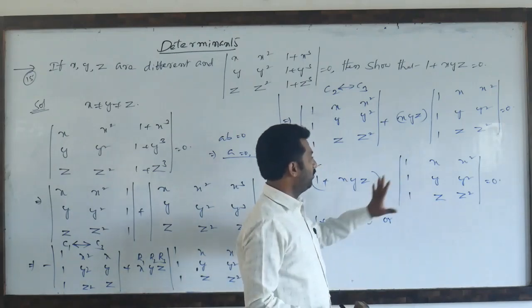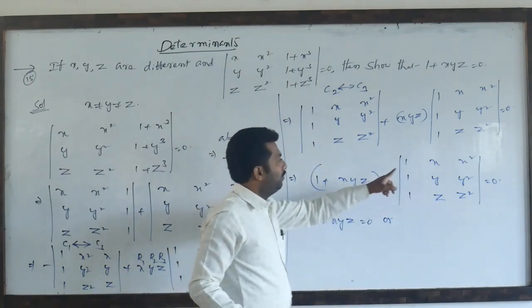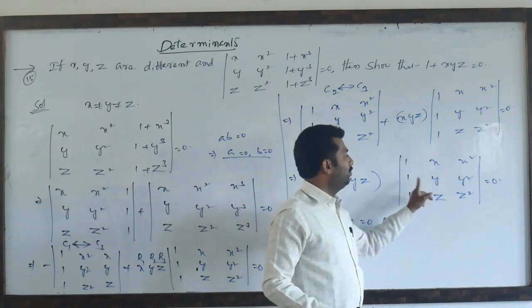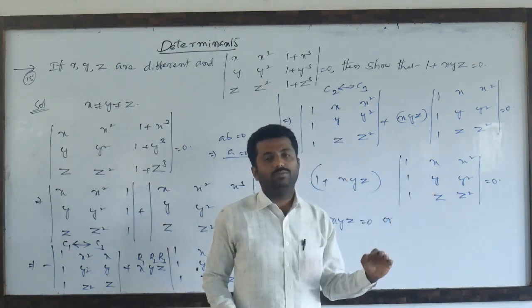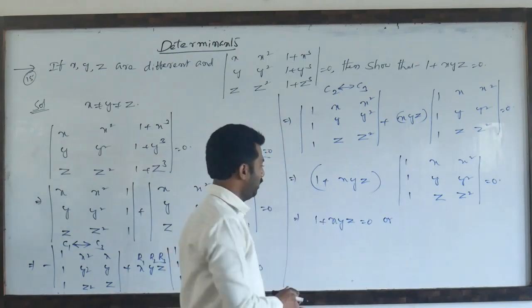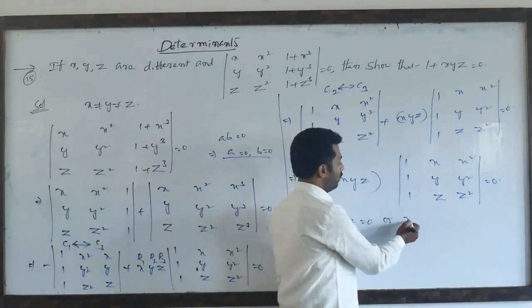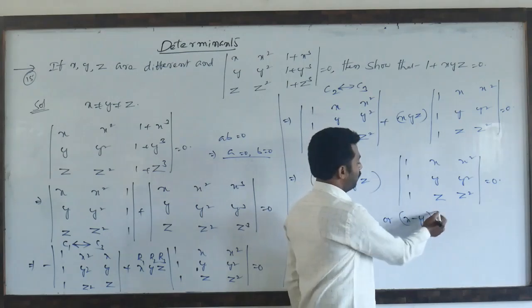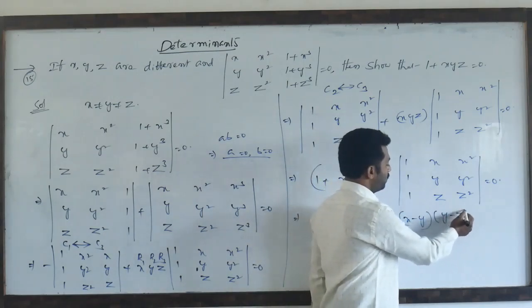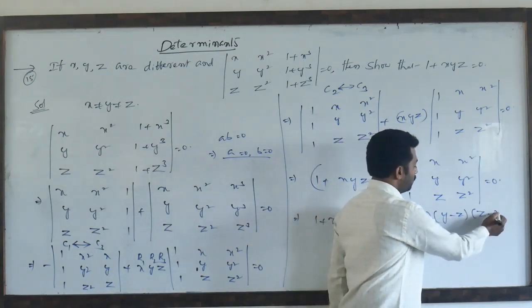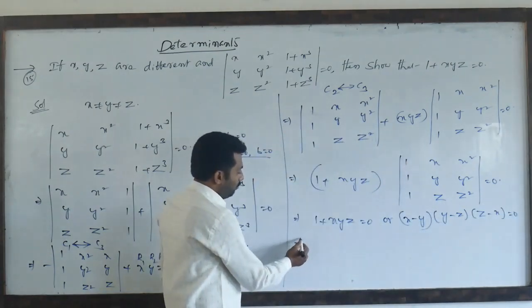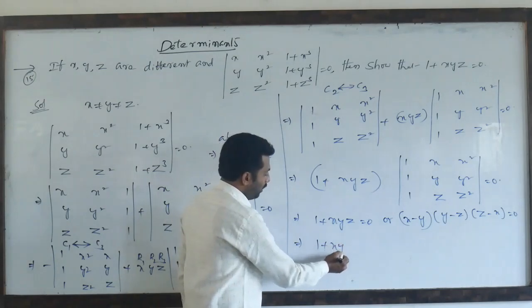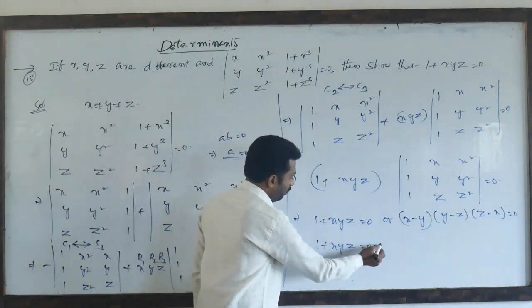Already I told, the determinant of 1, a, a square; 1, b, b square; 1, c, c square is nothing but (a minus b) into (b minus c) into (c minus a). Last class also we solved this. So the factors x minus y, y minus z, z minus x must not be 0.